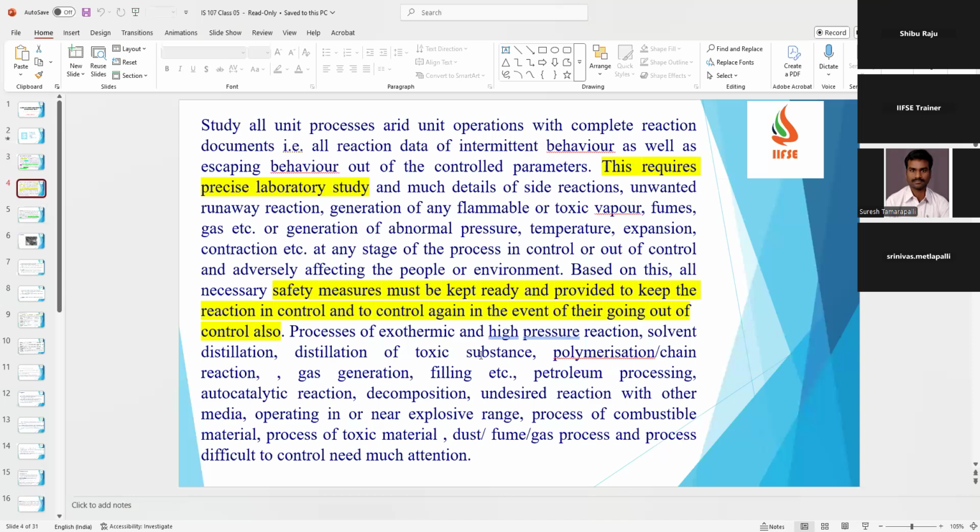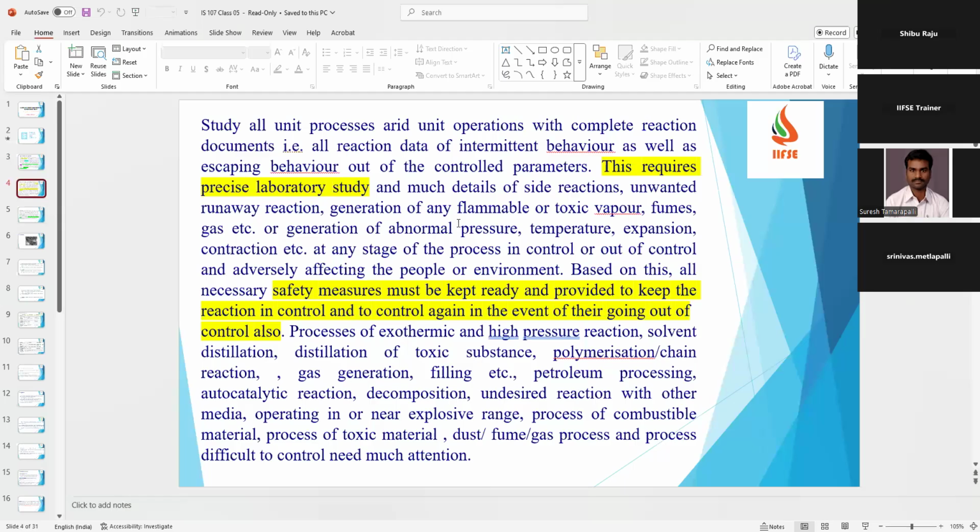Even it can generate flammable gases and toxic vapors, or the generation of abnormal pressure and temperature, the expansion and the contraction at any stage of the process, in control or out of control, adversely affecting the people and environment. So whenever the reactions go beyond control, it can affect the people and environment.